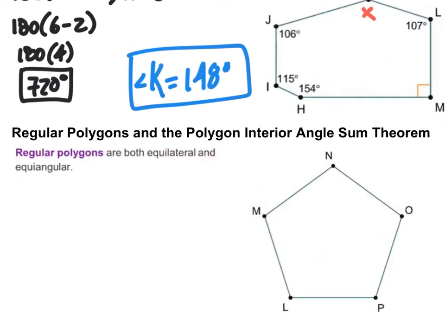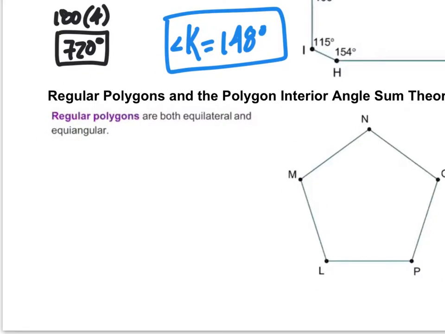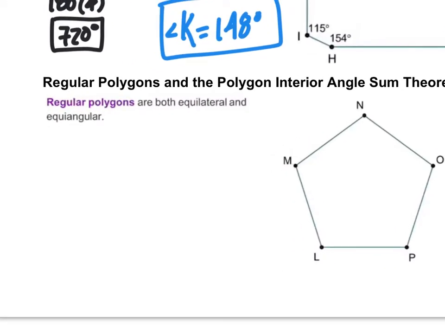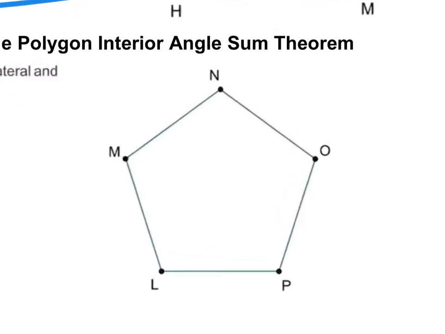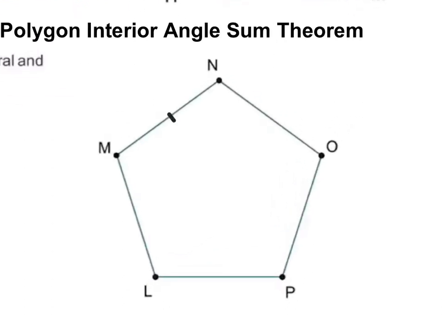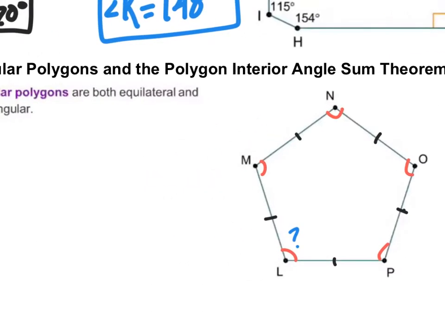All right, the other thing, talking about regular polygons. Now, a regular polygon is something that is both equilateral and equiangular. So what that means, like if I had a regular pentagon here, I know that all my sides are congruent, and that all of my angles are also congruent. So if I wanted to figure out what any of these angles are, I know I have 5 sides, so here's what I could do.